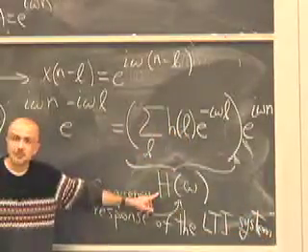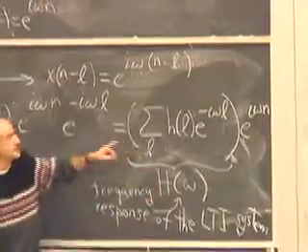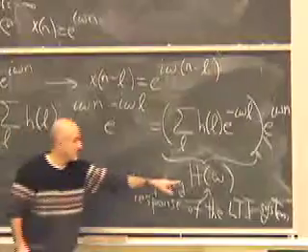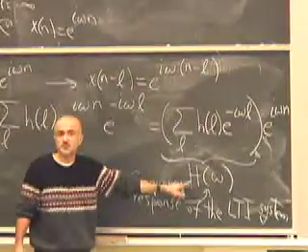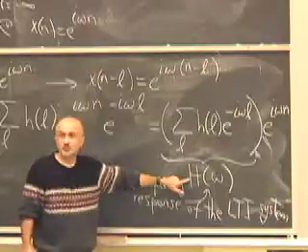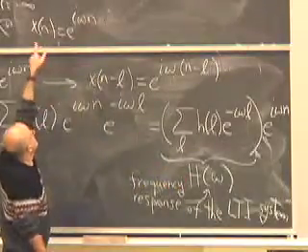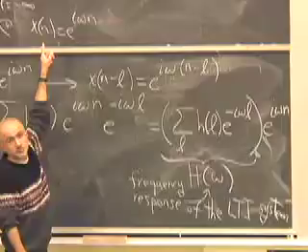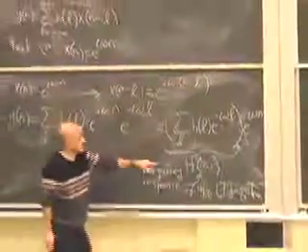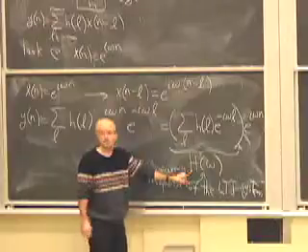Although on the blackboard I use the same capital letter H to name the system and to also refer to its frequency response, in print I will actually use different fonts. So this H will be a normal math script. That H, in print I use a sans serif font, so that corresponds to the name, and this corresponds to the frequency response.